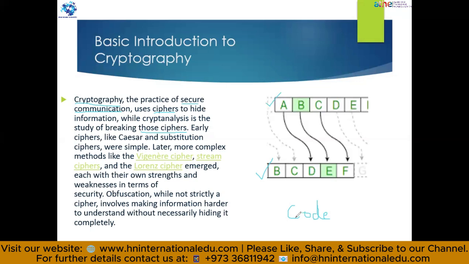So we will represent the C with what? F. So we will write down F here. O will be represented by R. D is represented by G. And E will be represented by H. So this means we have just done cryptography here, using this cipher way.